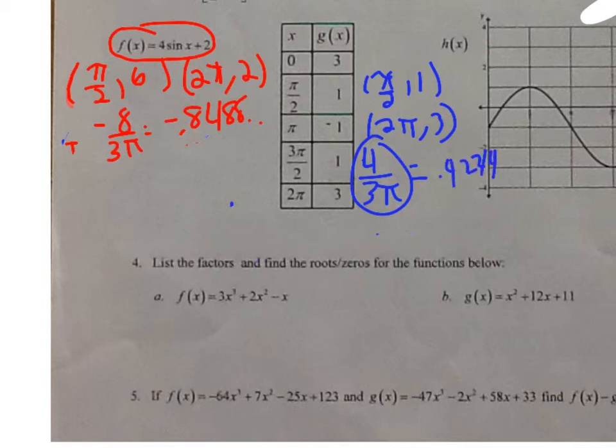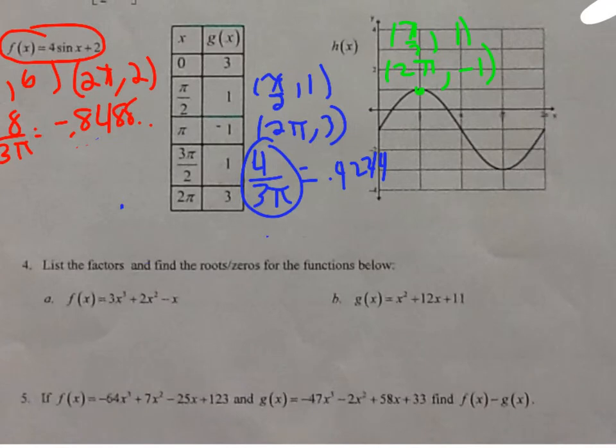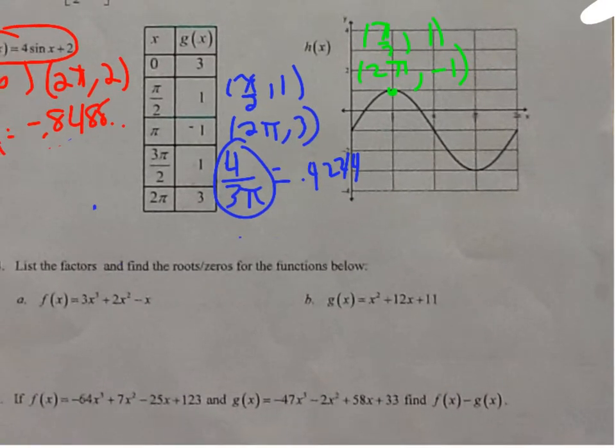All right, now we need to do h of x. So for h of x, my x is pi over 2, comma, and the y is 1. And at 2 pi, my y value is negative 1, right? So the average rate of change is going to be negative 1 minus 1 over 2 pi minus pi over 2.